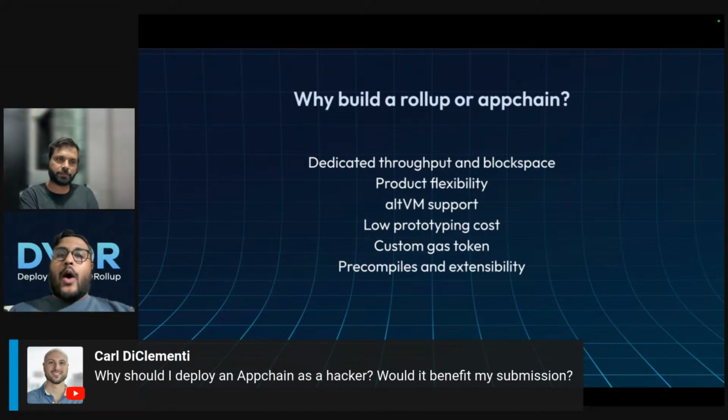So one of the key advantages of deploying a rollup or an app chain, as you can say, is that you get dedicated throughput and dedicated block space.